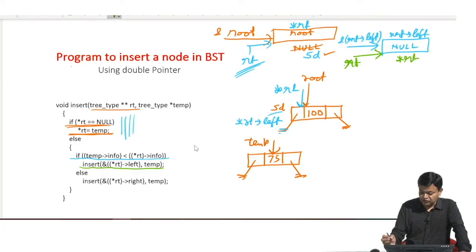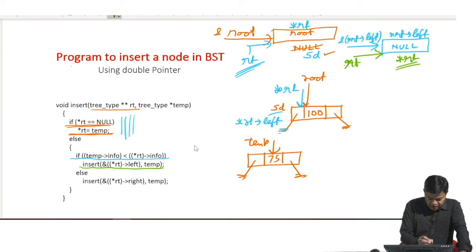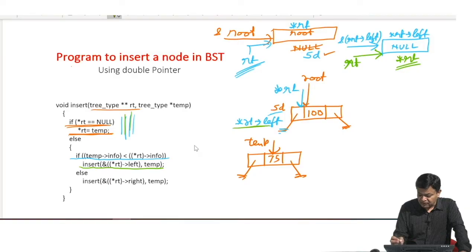It means second insert's star RT is equal to null. First insert's star RT left is equivalent to second insert's star RT. You can see it from this diagram: first insert's star RT left is equivalent to second insert's star RT.